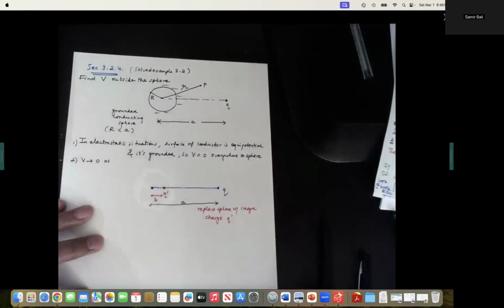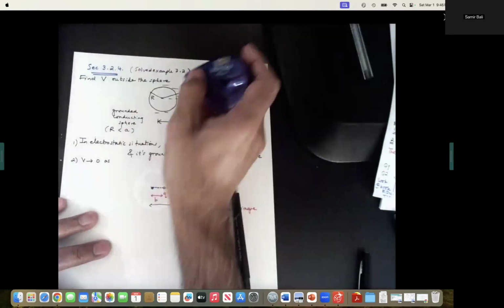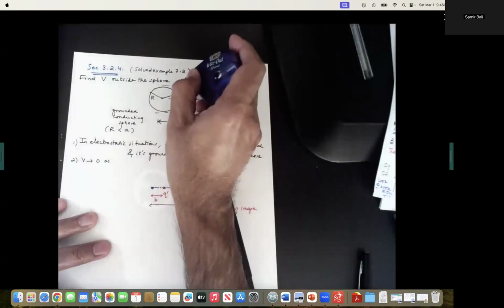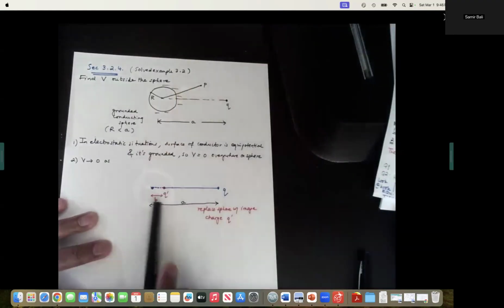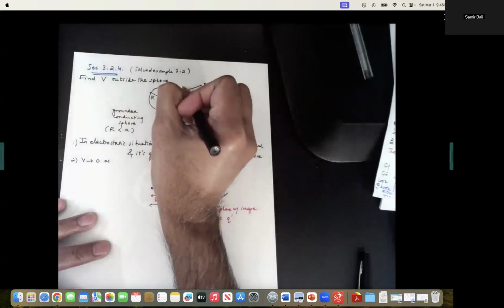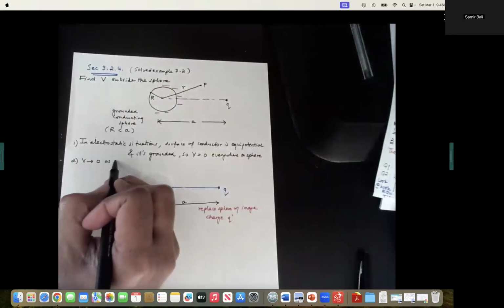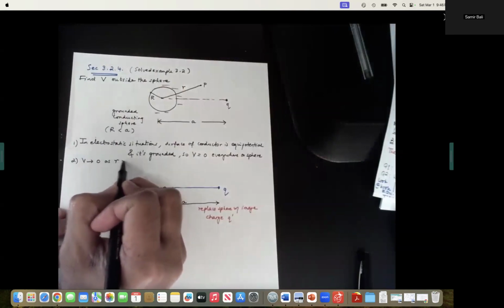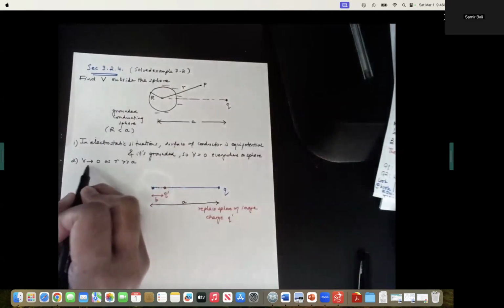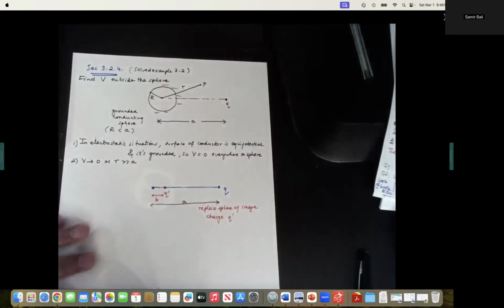Actually, in this case that would not be curly R, that's the origin. So that's just distance R. As R becomes much, much larger than A, the potential should go to 0. That's the usual boundary condition.